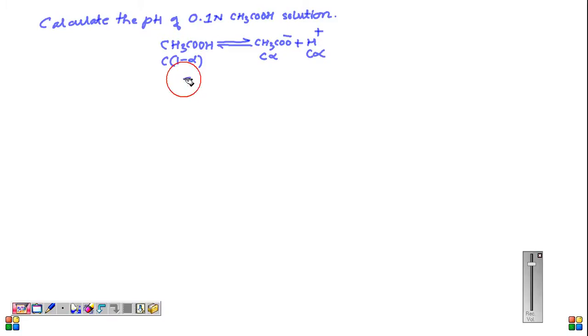So the concentration of H plus ions is equal to C into alpha.